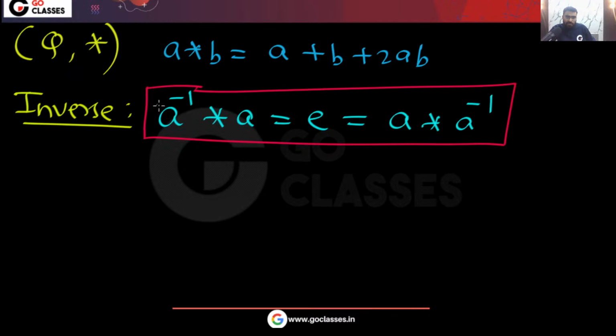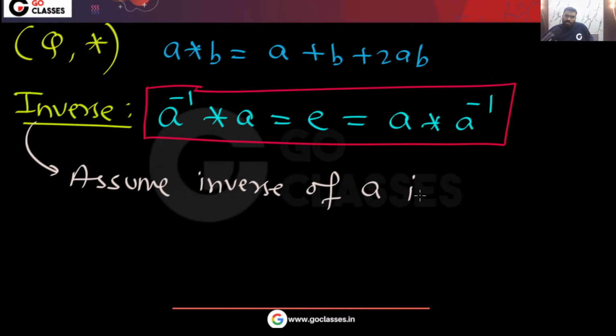So for element A, the inverse will have this property: A inverse star A is E, which is A star A inverse. Can I say every element has inverse? Now, let's check. Assume for a moment that the inverse of A is x.